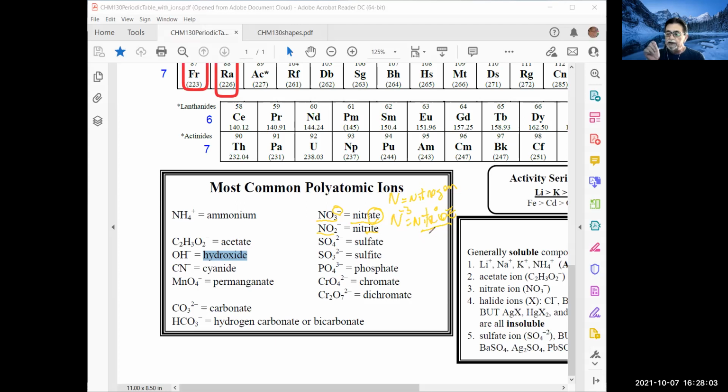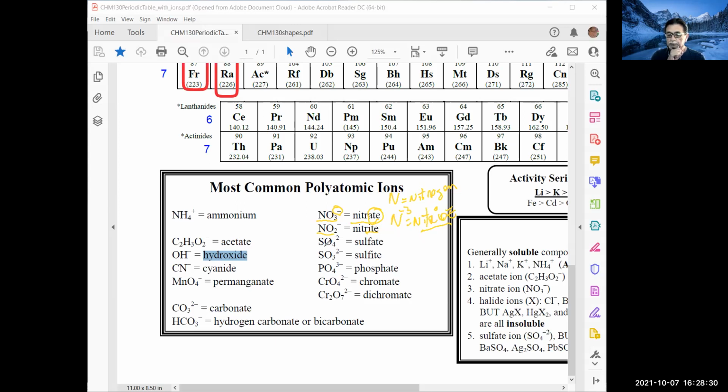All of the IDEs are the single nonmetal element. Oxygen becomes oxide, nitrogen becomes nitride, phosphorus becomes phosphide. When you start seeing the ATE and the ITE, think about that element with bonded oxygens around it.